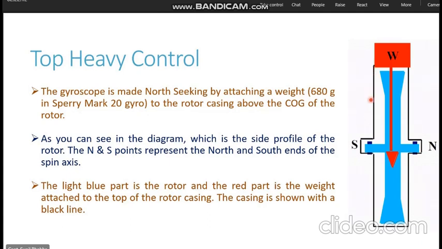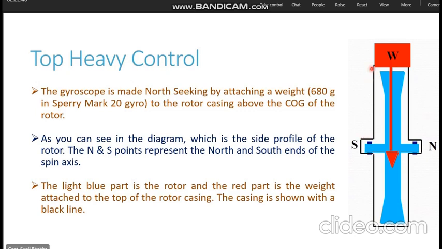Now how is it fitted inside the rotor casing? We have to give it freedom to spin. So for that purpose, you see these dark blue parts which are shown here at the north end and at the south end, they represent ball bearings. So the spin axis is connected with the casing through these ball bearings, thus giving it freedom to spin.